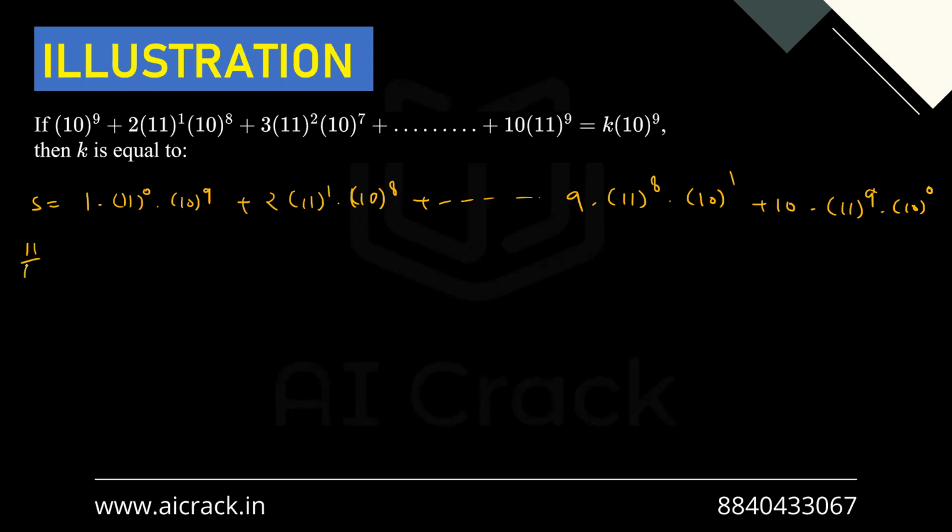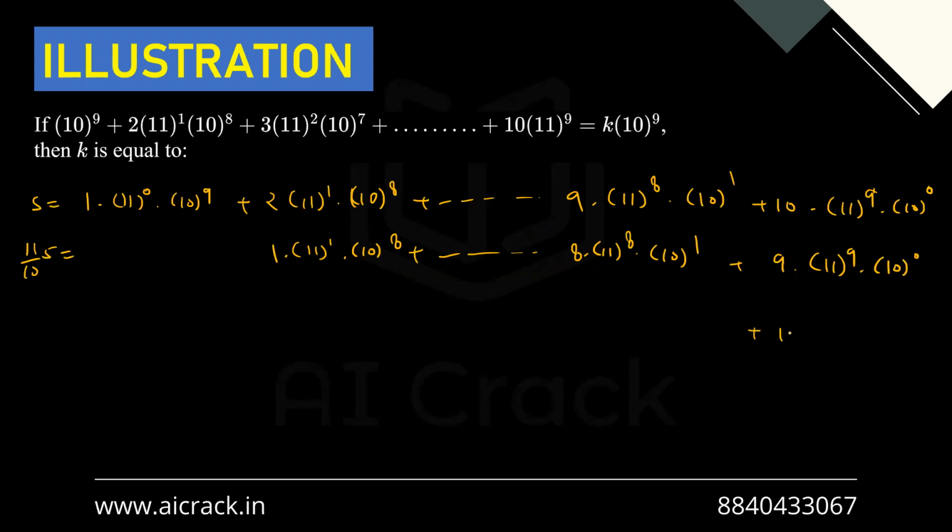So 11 by 10 s equals, now if I multiply 11 by 10 over here, I'll be getting 1 dot 11 to the power 1 dot 10 to the power 8, and over here I'll be getting 8 times 11 to the power 8 dot 10 to the power 1, plus 9 times 11 to the power 9 dot 10 to the power 0, and an additional term 10 dot 11 raised to the power 10 dot 10 raised to the power minus 1, right? So this would be our last term.